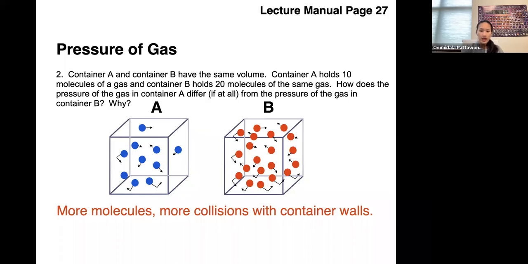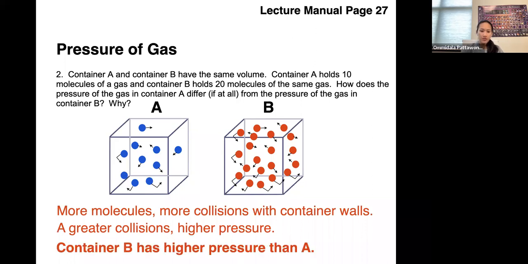Because container B would have more collisions of the gas particles against the wall of the container, it's going to have higher pressure as well. In this case, we can conclude that container B would have higher pressure than container A.